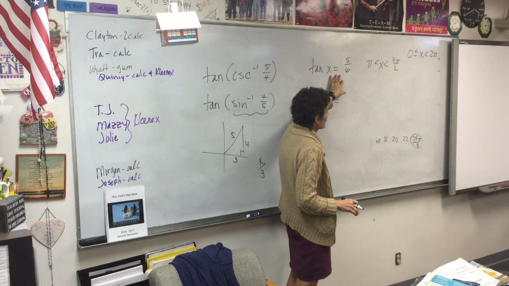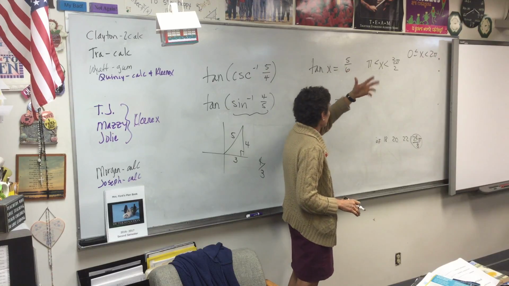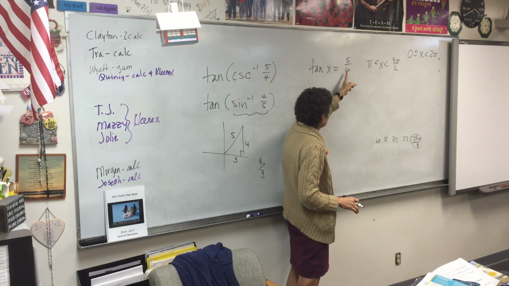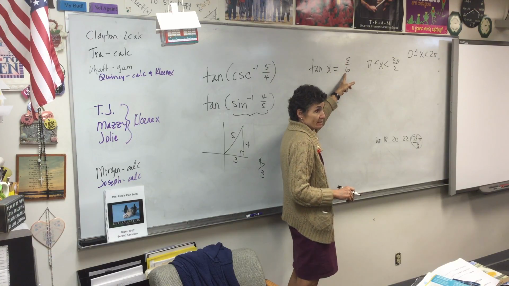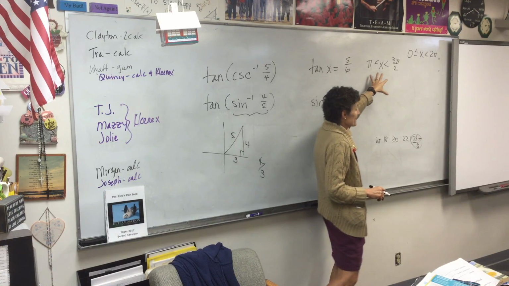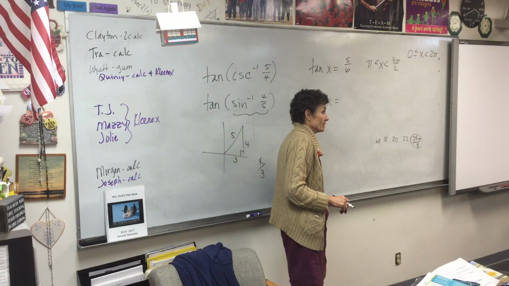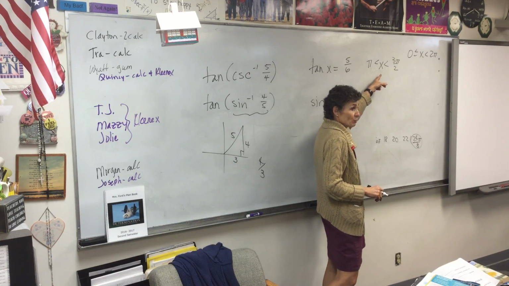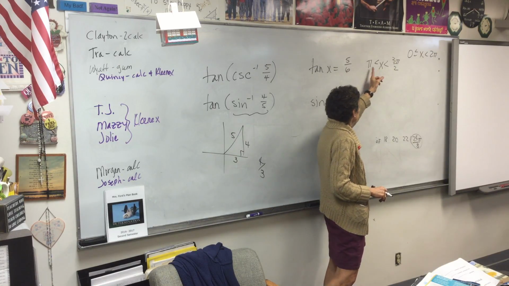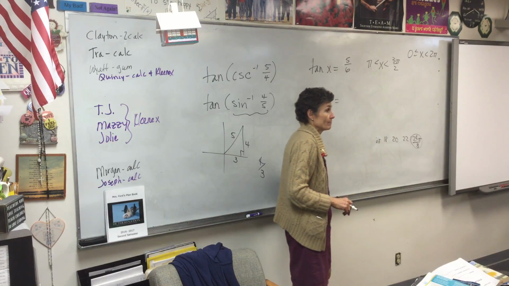I think you all have pretty handily. That just means I'm gonna draw some kind of triangle, and opposite over adjacent will be 5/6. What does that mean? That's where the triangle is gonna be drawn. Because what does that tell me? I'm gonna draw my angle between what and what?